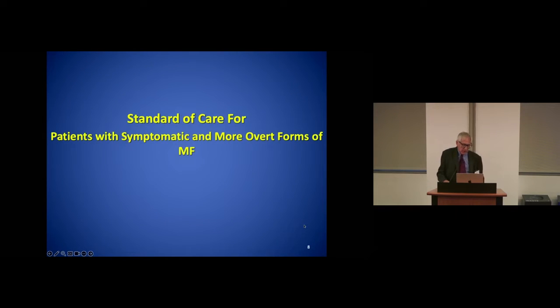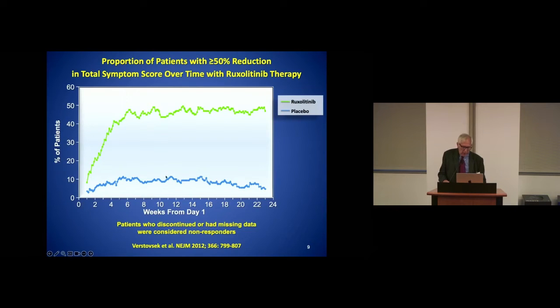So what is the standard of care for patients with symptomatic and more overt forms of myelofibrosis right now? And I'm using this as an example of how we can intervene in progression. Well, it's really a wonder drug: the JAK1, JAK2 inhibitors, the first one of which is ruxolitinib. And now there's also fedratinib, pacritinib, and momelotinib that are approved for therapy of symptomatic patients with myelofibrosis.